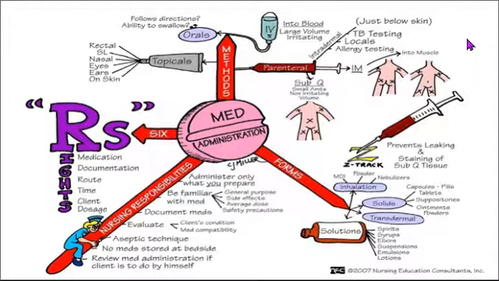You need good blood flow to the muscles to help with absorption and action. Disadvantages: you can only give so many cc's in a muscle, 3 cc's max, and it's painful.